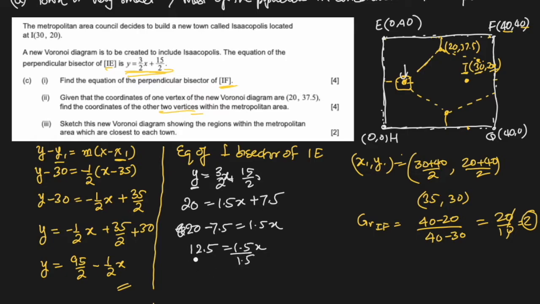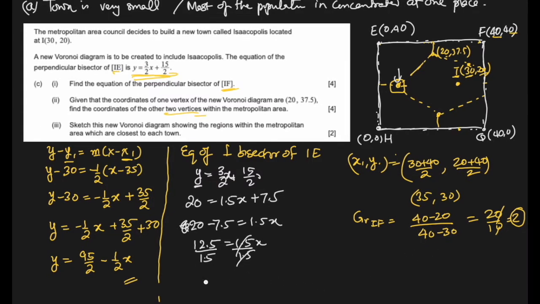Divide by 1.5 on both sides, and we get 12.5 divided by 1.5, which comes out to be 25 over 3. So the coordinates of this point here are 25 over 3 and 20.